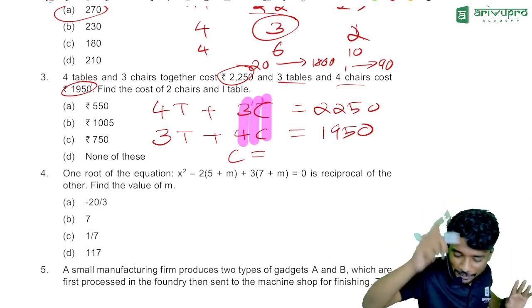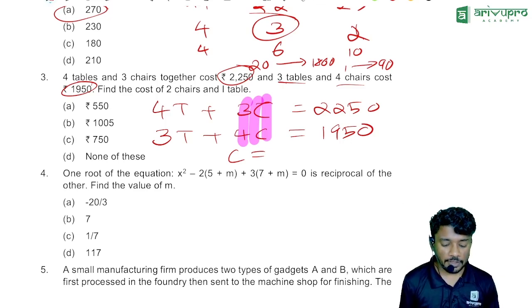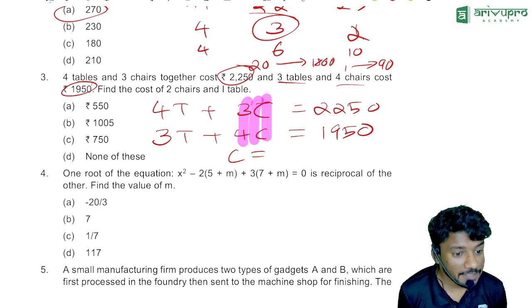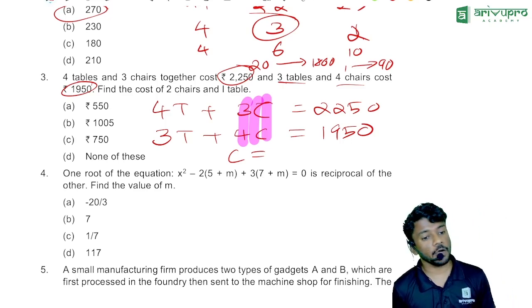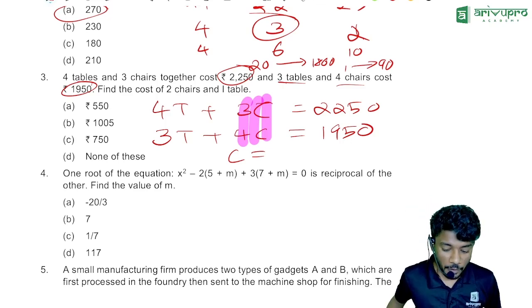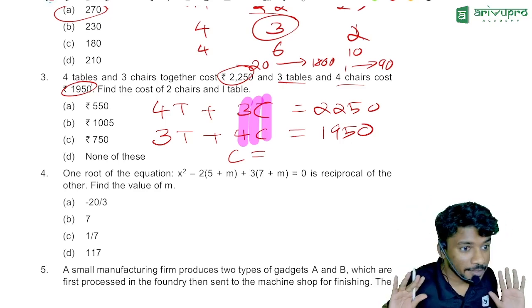What will happen? 3 into 2250 minus 4 into 1950, divided by 4 into 4, plus or minus, which is it? Minus 3 into 3. How much did you get? C. And how much will you get for T? If you are finding it difficult using T and C, use X and Y. Okay.